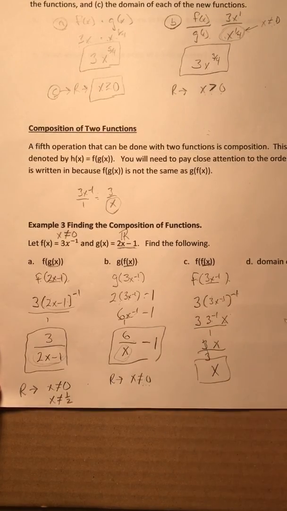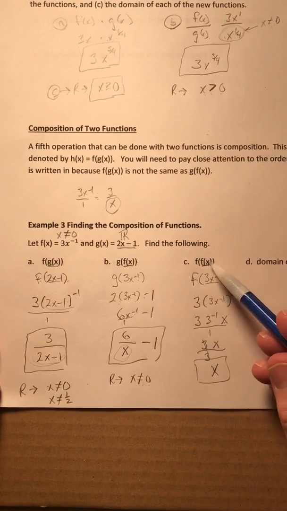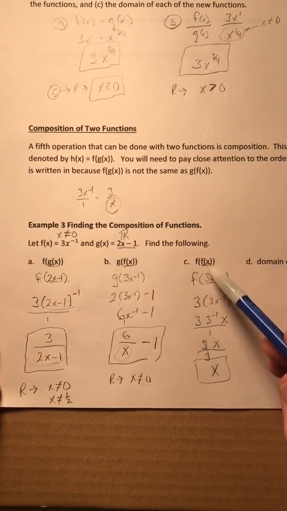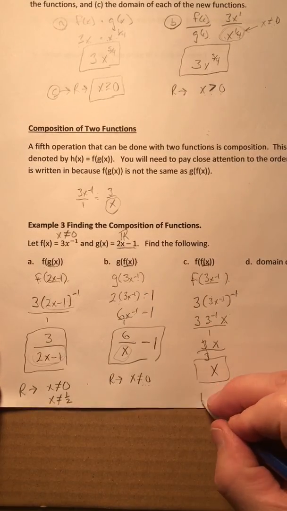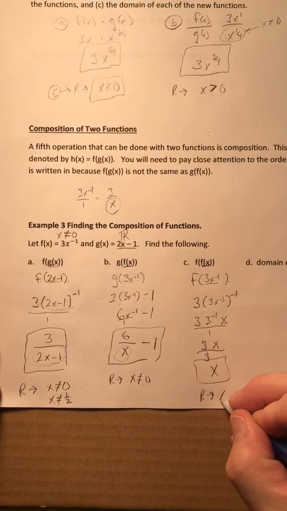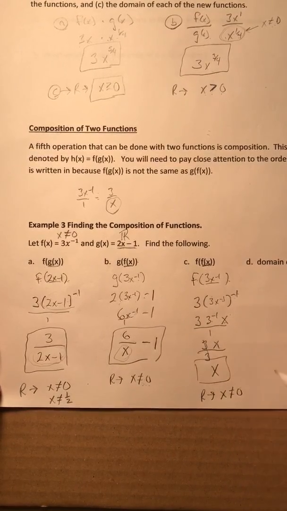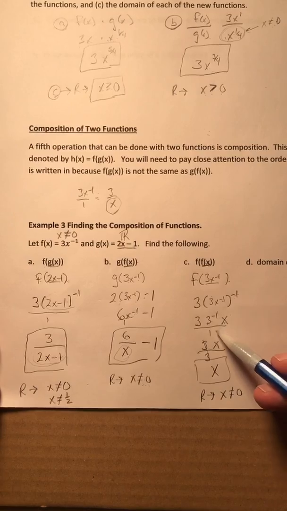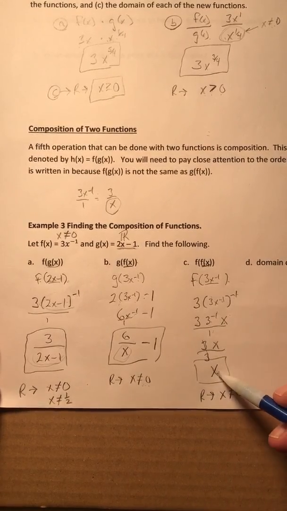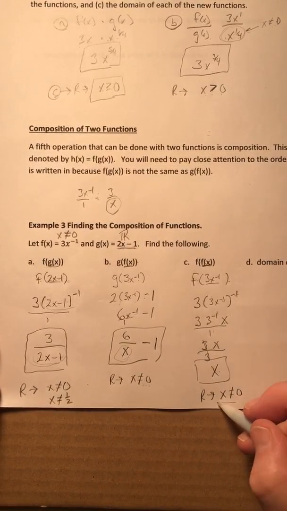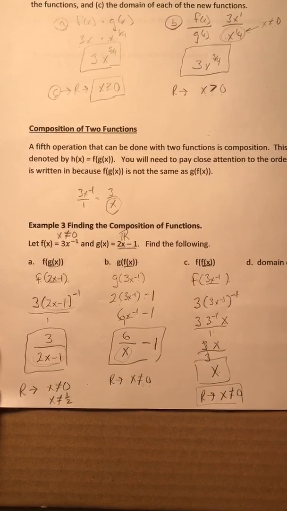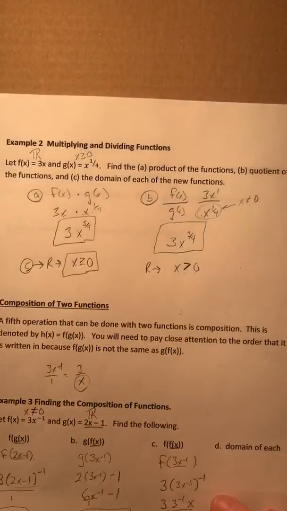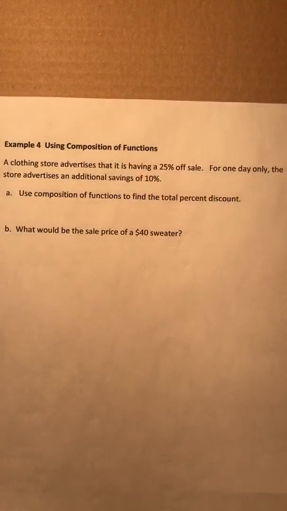So no further restrictions on there. All right, and then we go to C. Again, we're using the f function, so we start off with our restriction that x cannot equal 0. And this doesn't cause us any further restrictions, and that doesn't. So that's our restriction for that one, x cannot equal 0. All right, so you have to worry about the restrictions on the domain when you're doing that.